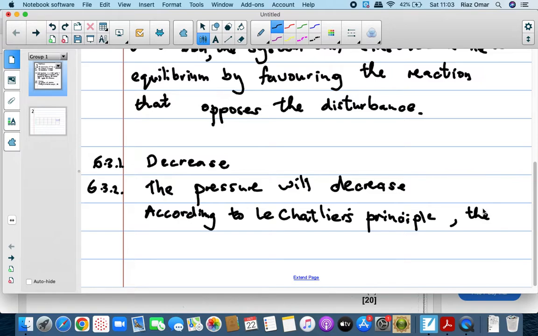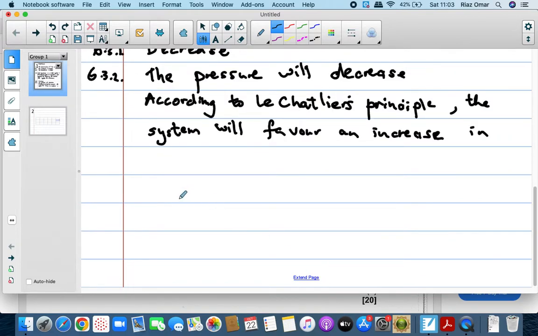the system will increase the number of particles.